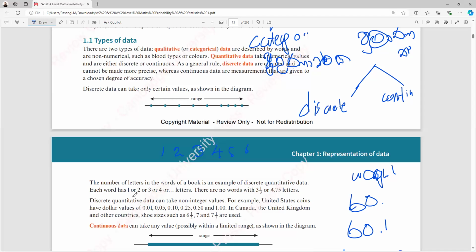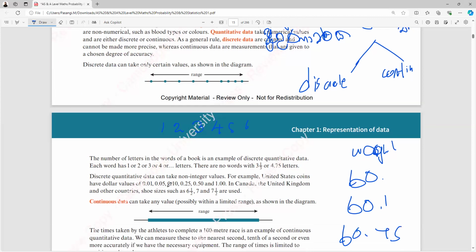So each word has 1, 2, 3, 4 letters. There are no words with fractions, decimals, or floating numbers. Because of that, those ones should be perfect numbers. So the discrete quantitative data can take non-integer values.